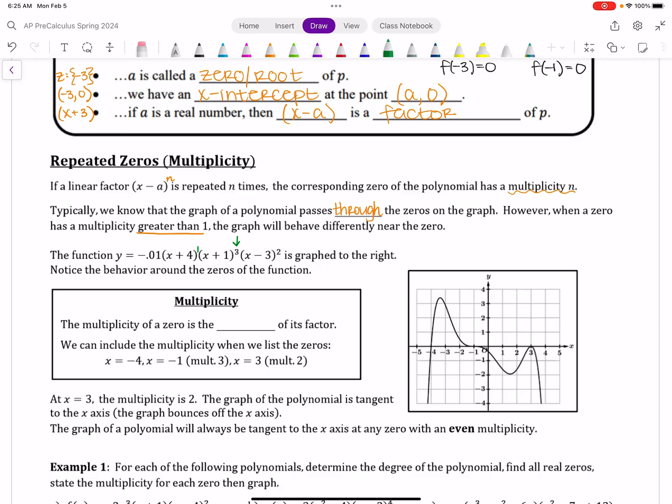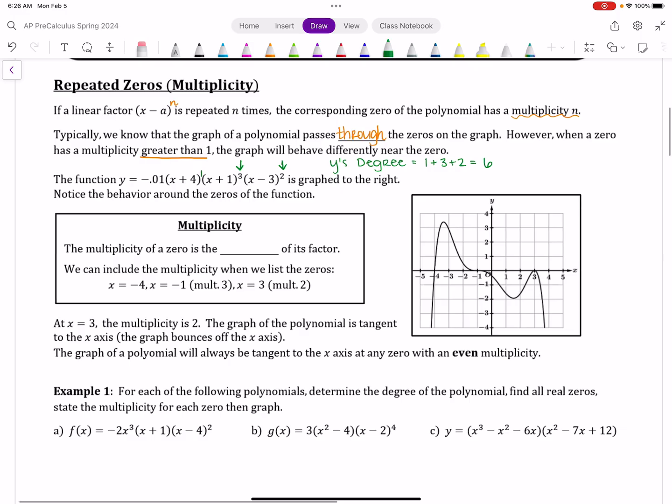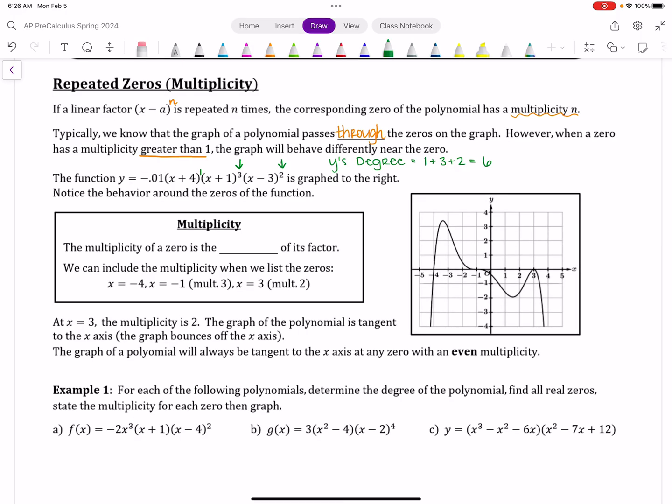We have a cube on our second factor, square on the third, which means y's degree, if we add all of those together, is 6. However, our different zeros have different multiplicities. So when we want to determine the multiplicity of the zero, it is the exponent of that factor.